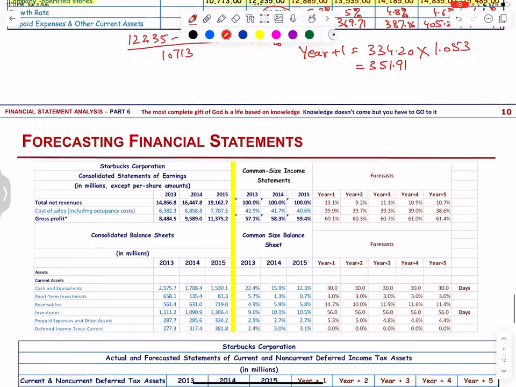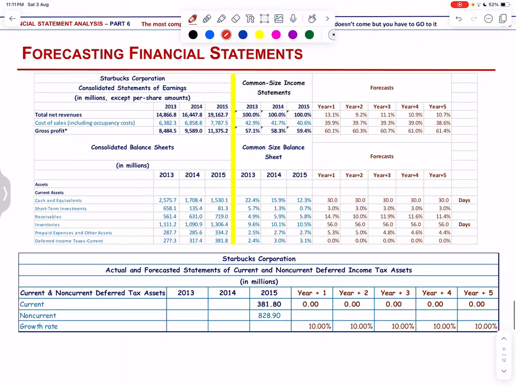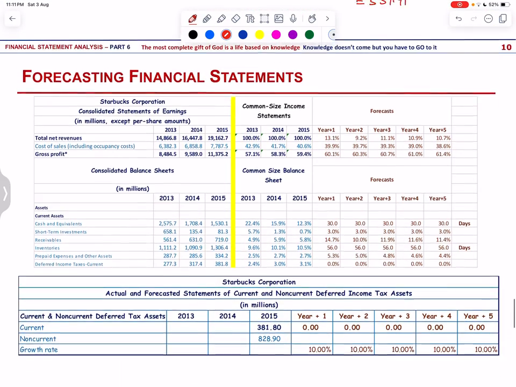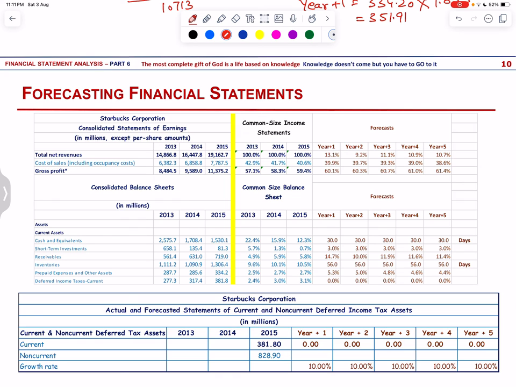current and non-current deferred income tax assets. Now, the current deferred income tax assets are given as 381.80, and the non-current, from the consolidated balance sheet, is 828.9.